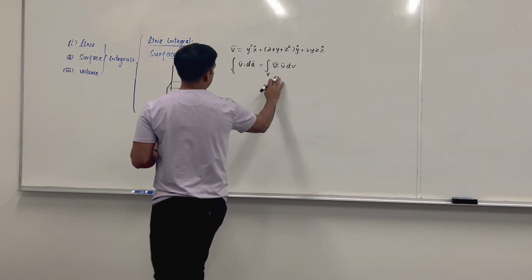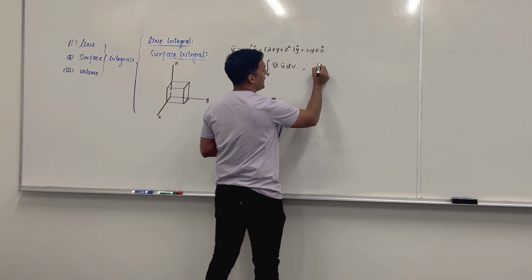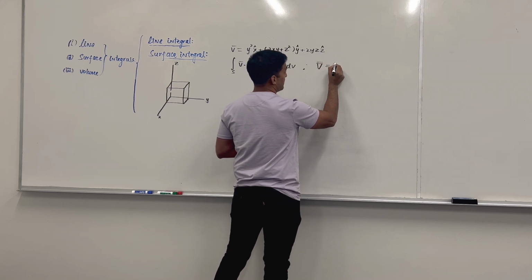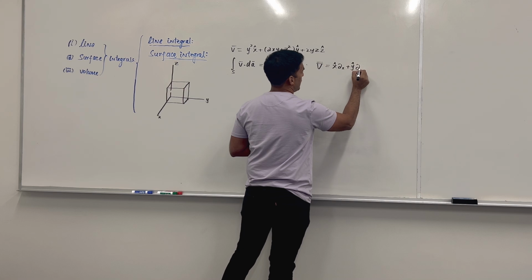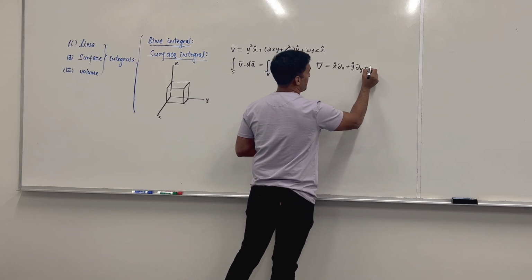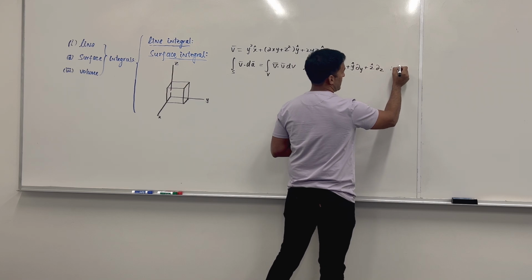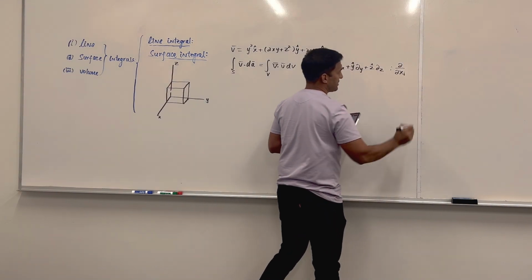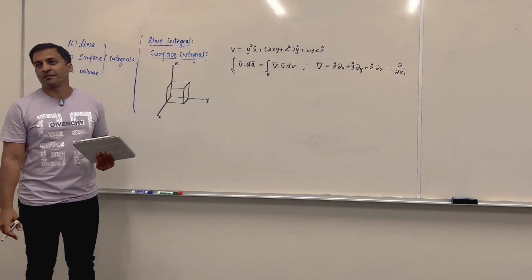So let's calculate this side first. And you know this operator we call the del operator. It's given as x unit vector ∂/∂x plus y unit vector ∂/∂y plus z unit vector ∂/∂z, where partial is given as ∂/∂xi, where i is x, y, z, or 1, 2, 3.